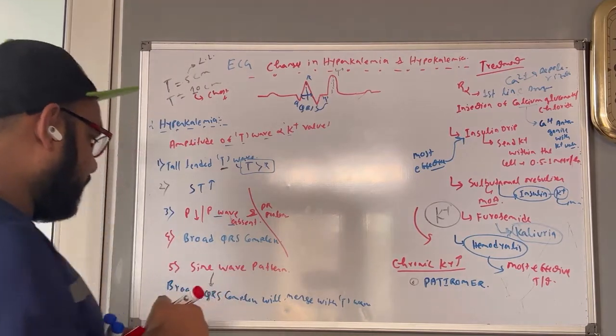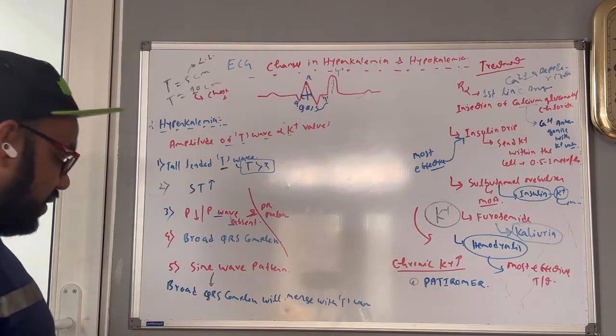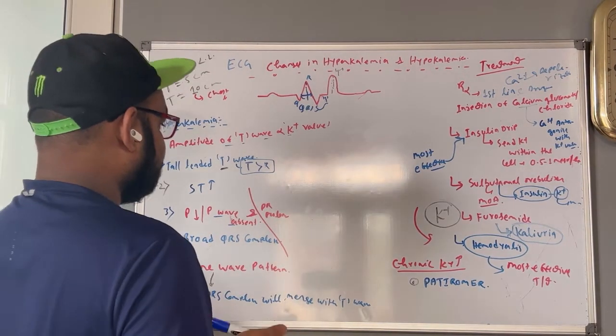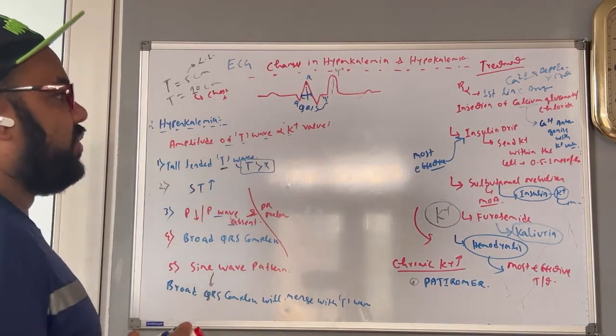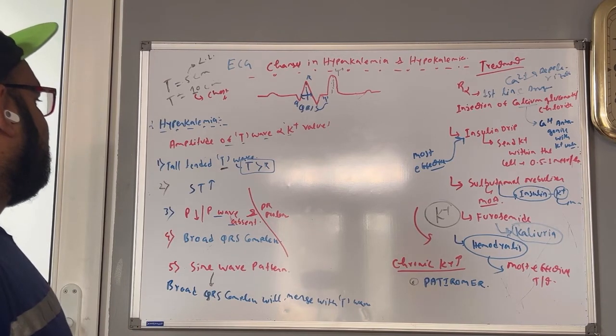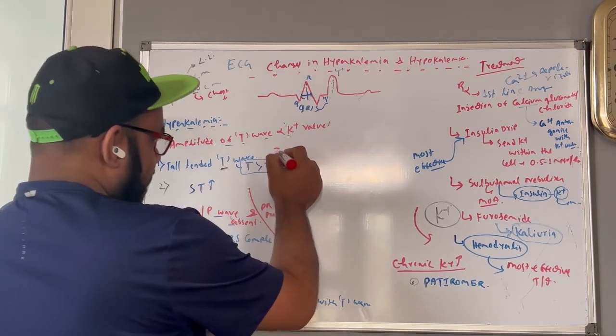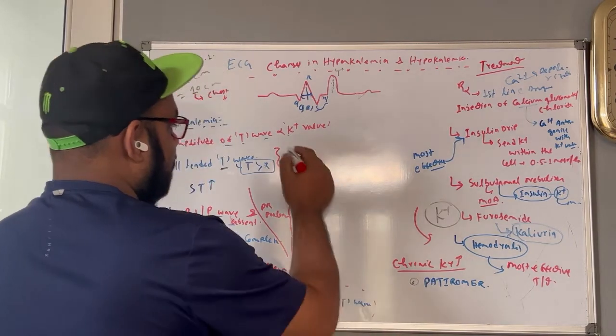We'll get the absence of the P wave, along with that the PR prolongation. Apart from that, we have to know about hypokalemia. We are not supposed to neglect the topic of hypokalemia. It is as important as hyperkalemia. Nowadays most of the questions are coming from hypokalemia, that's why you should pay attention over here.